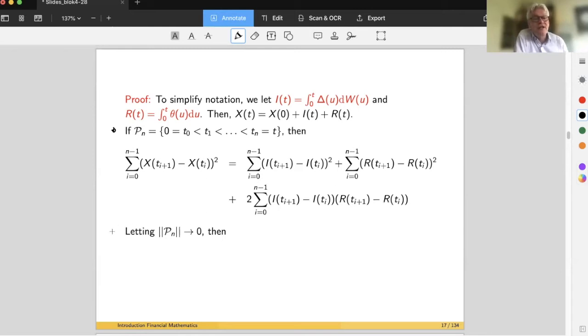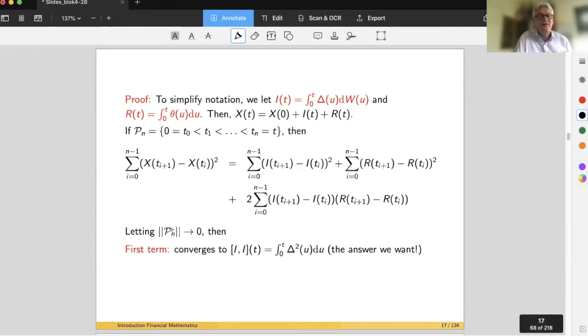Now letting this partition, the maximum mesh width in this partition, go to 0, the number of points go to infinity. So we have multiple points, and the space in between is getting to 0. Then we find the following. So the first term, the sum, i runs from 0 to n minus 1, of this squared difference of the I term. And the I term, remember, is this, that we have seen before, right?